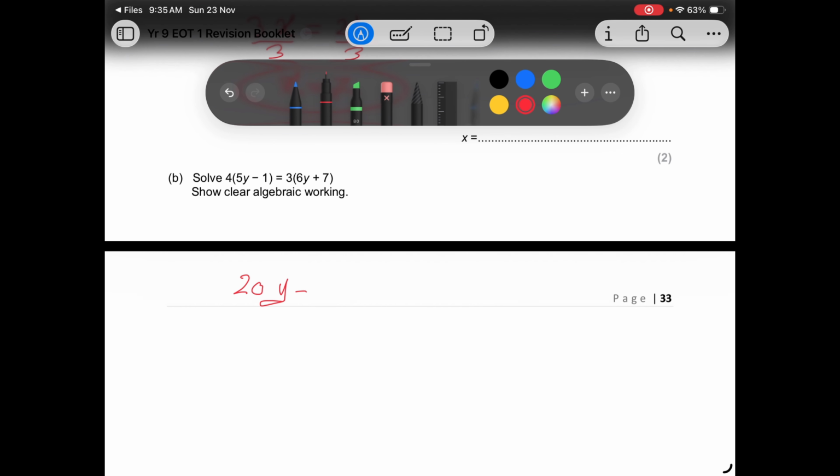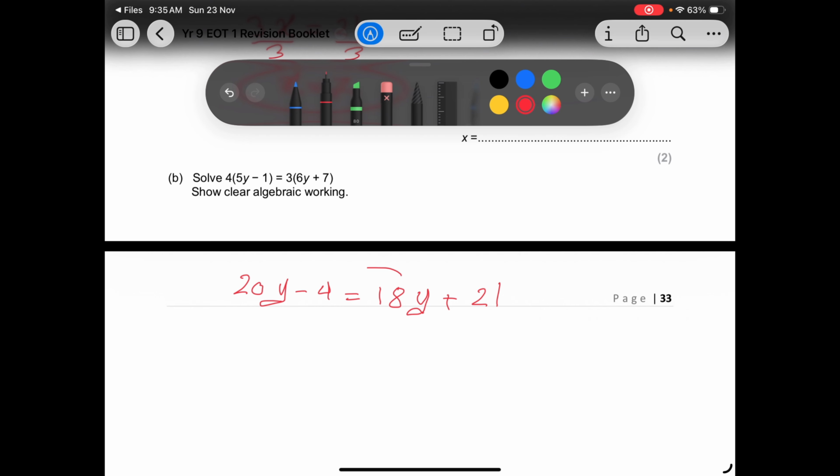And here, guys, it's a matter of expansion and simplifying, so it will be 20y minus 4 equals 18y plus 21, like this. Yeah, let me double check, please. Yes, 20y minus 4, then 18y, yes, plus 21. Move y's to one side and move 4 to this side.